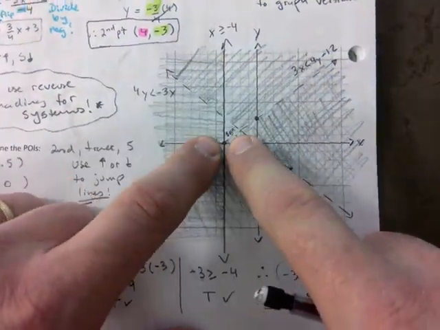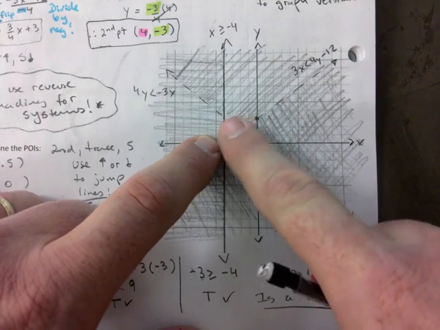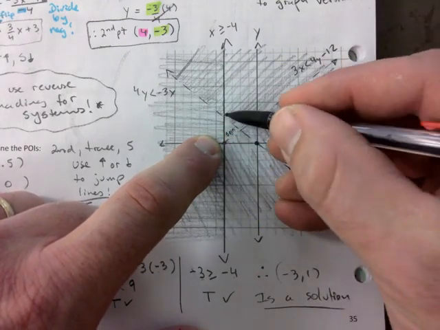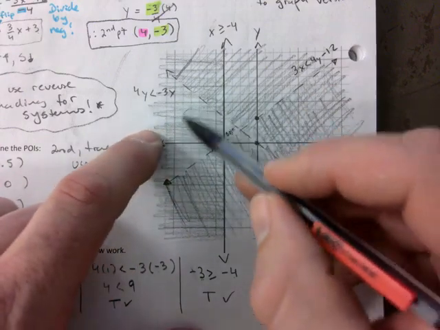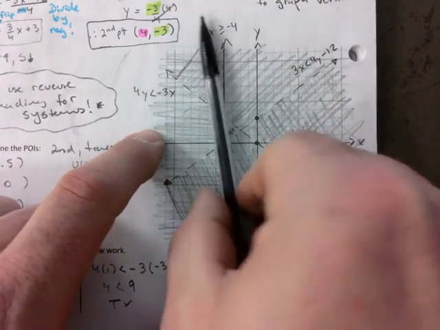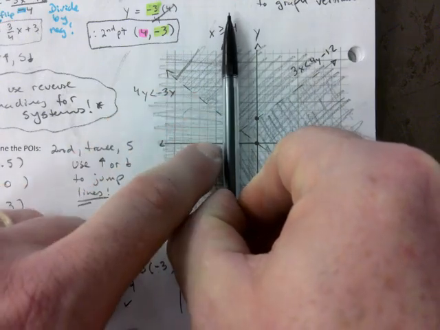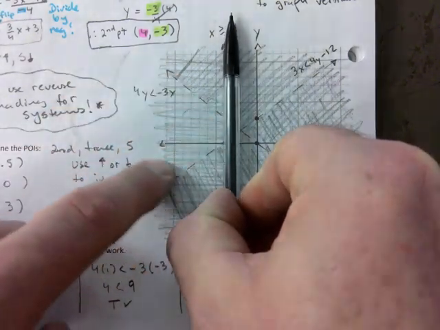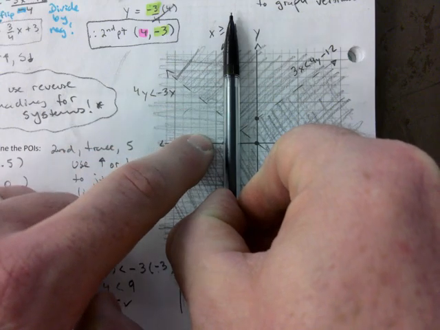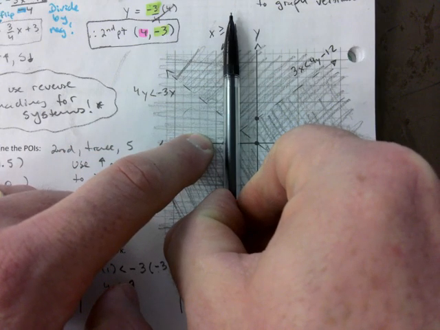You're not always going to have a nice little triangle with the corner points around it. As I said, you could have shaded this whole thing to the right of the vertical, which would have meant that this area here would have been your solution region. In which case, you ready?